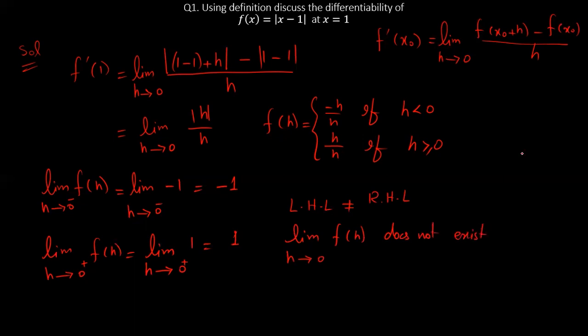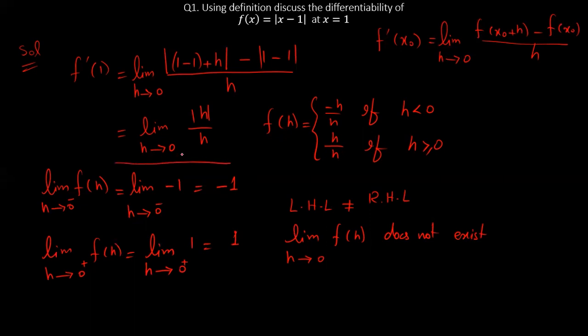In this definition we said that if our limit as h approaches 0 exists, then we can say that the derivative of the function at x naught exists, and we can see that our limit as h approaches 0 of f of h does not exist. So we cannot compute it.